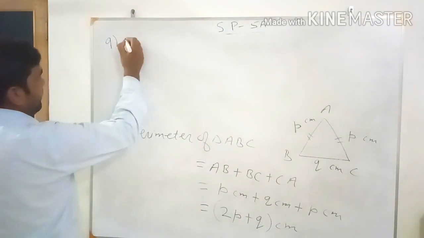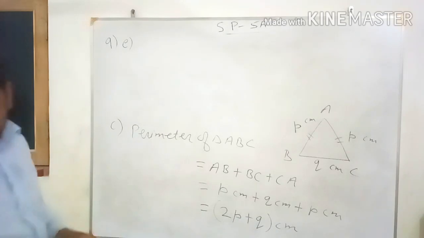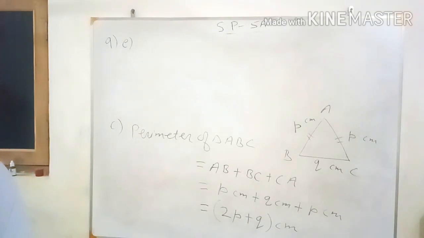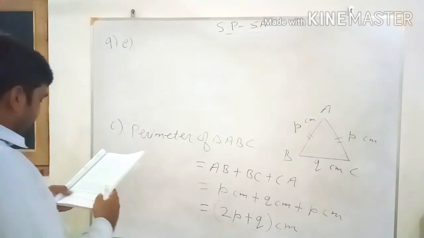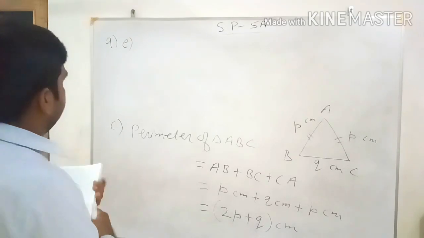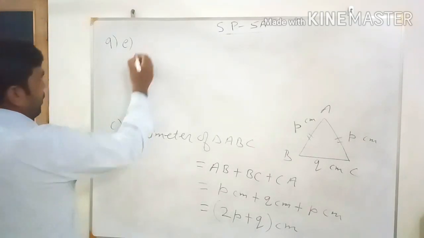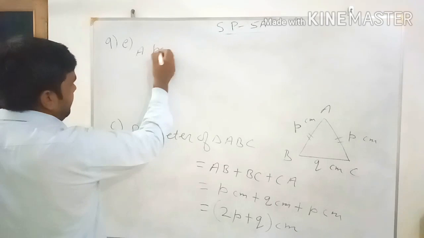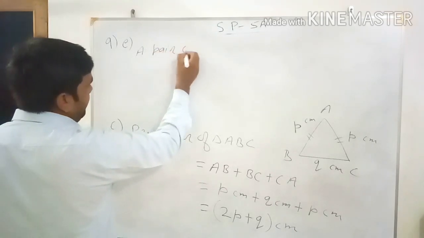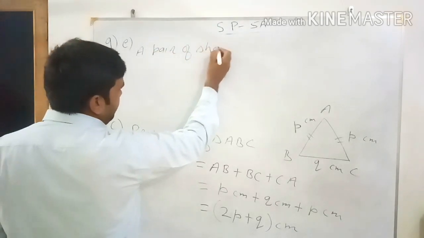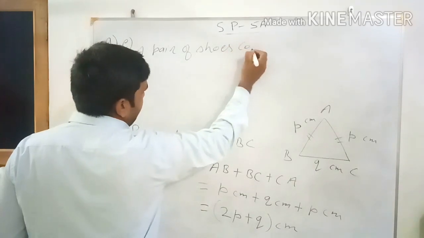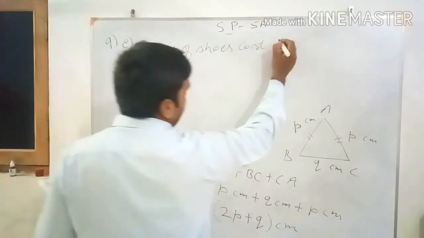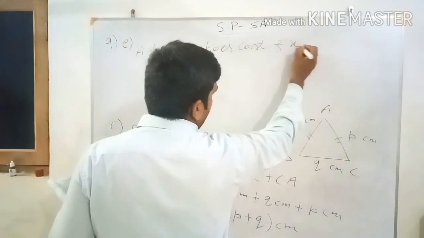Now see, ninth E. A pair of shoes costs rupees x.